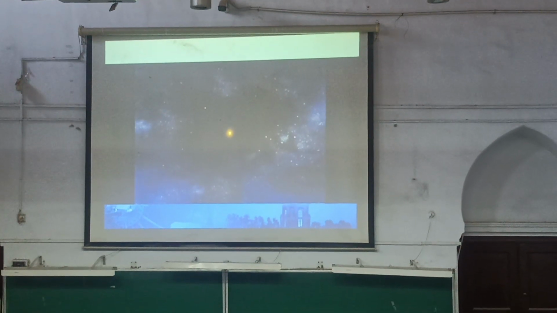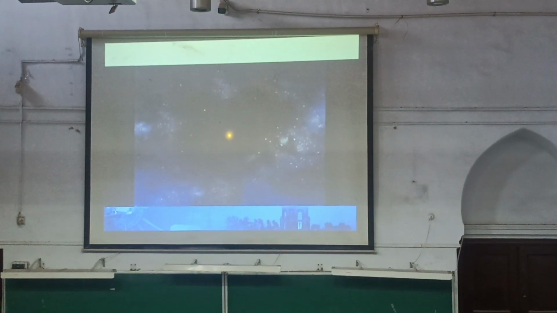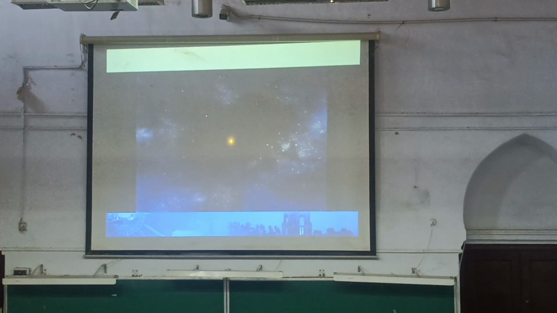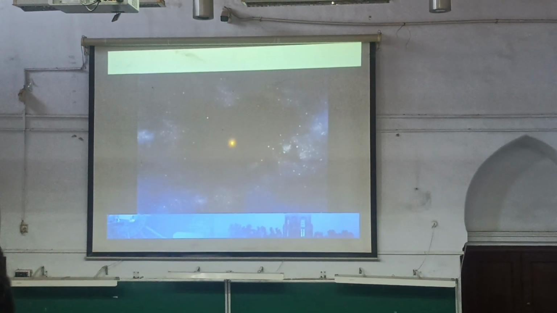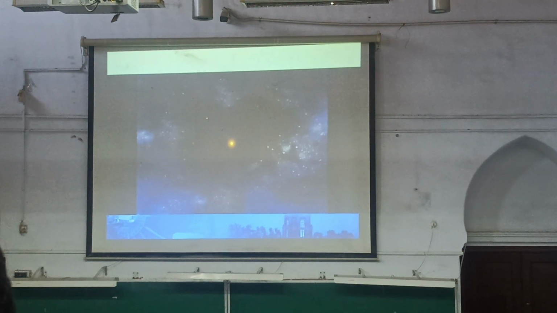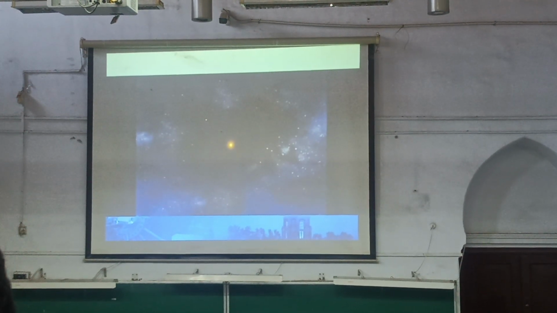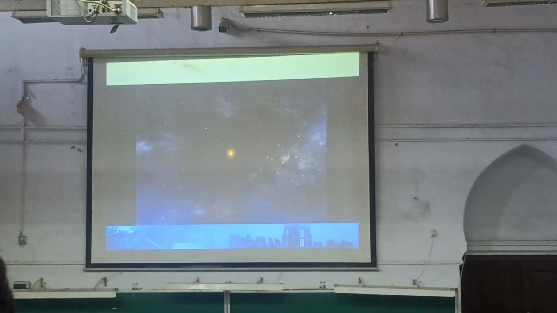Smaller than Allahabad. How much is Allahabad's radius? Not much more than 10 kilometers. So, smaller than that. Put a whole solar system in that. How dense? 10 raised to power 17 times the density of steel. So that's where we get most of our neutrons. So that's how we have created this universe.